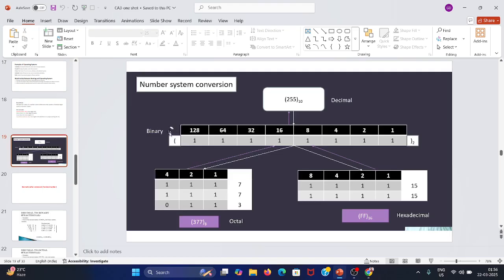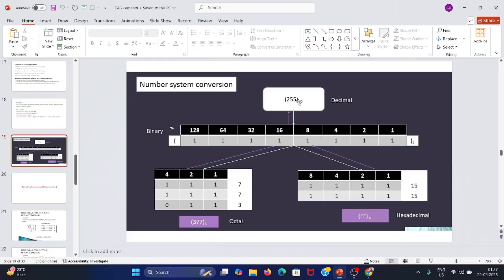After this number there will be 2 to the power 8, meaning 256, and 255 is lesser than 256, so we cannot take 256 here. 255 is lesser than that, so just put 1 under the number just lower than that number, which is closer to the decimal number which we have to convert. So in our case we have taken 1 under 128. What is the remaining value?